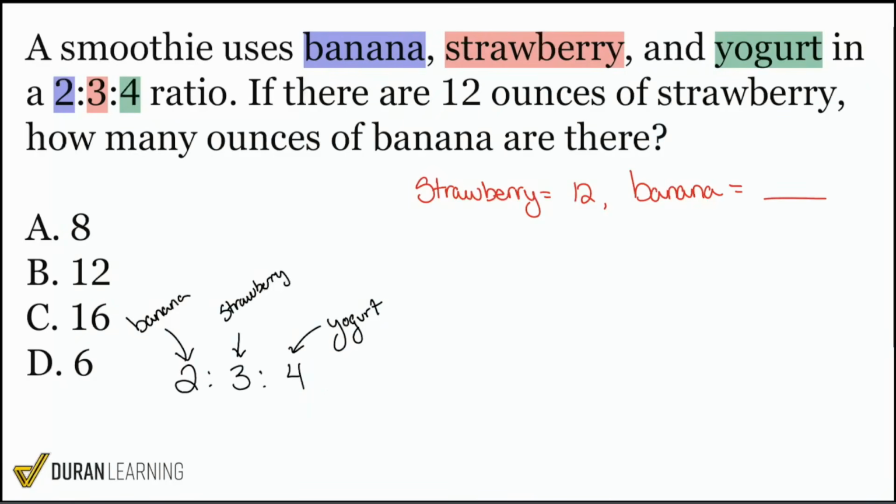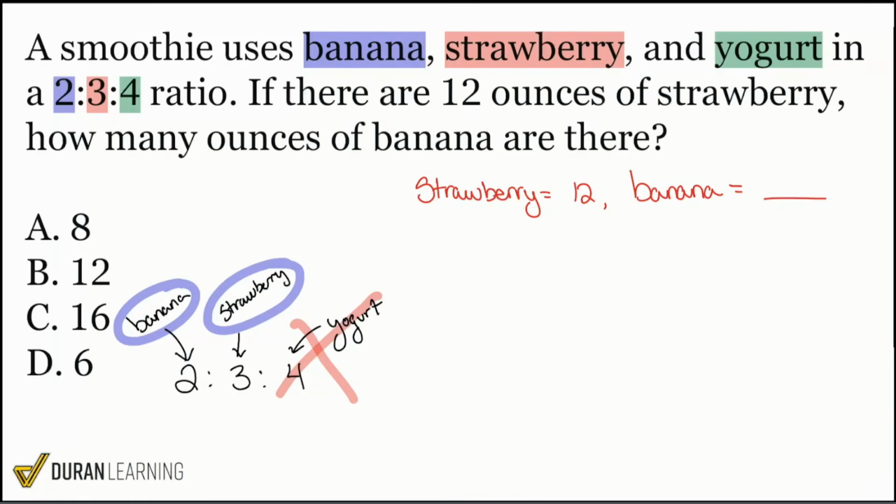If I'm trying to set up a proper proportion, remember, I just need to compare the same things in the same way. What does my question sentence have me compare? Strawberry and banana. So guess what I care about? Strawberry and banana. I do not care about yogurt. So boom, there we are.